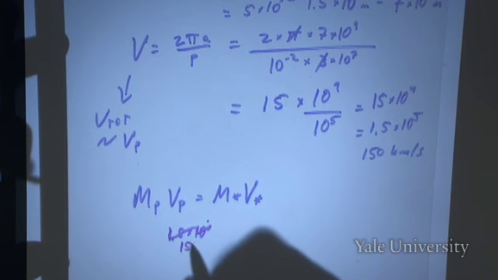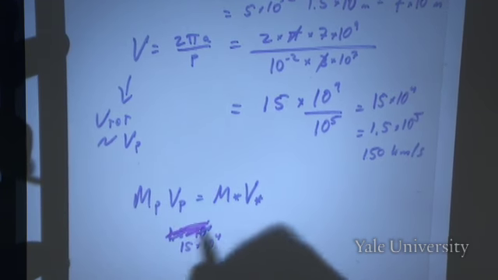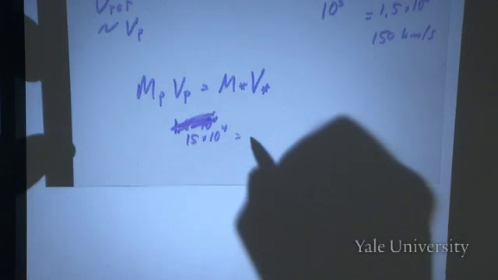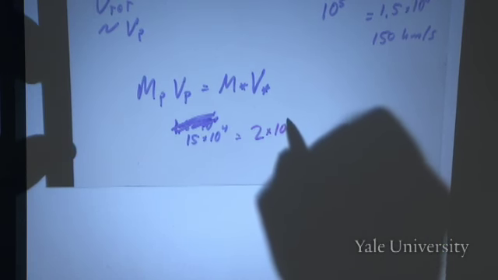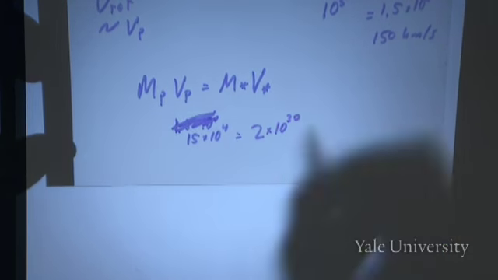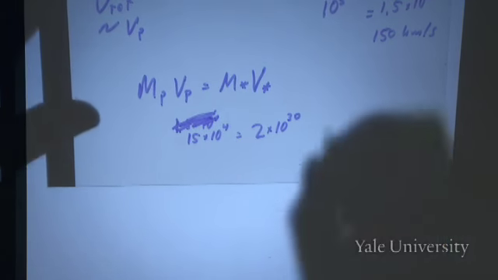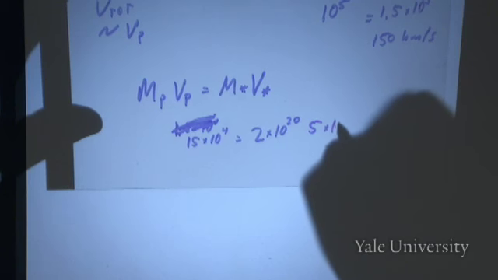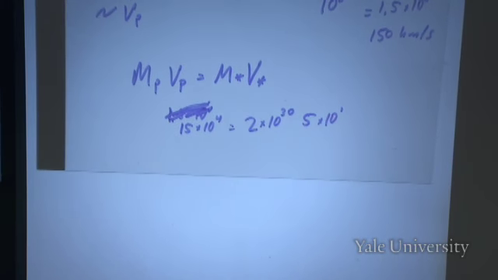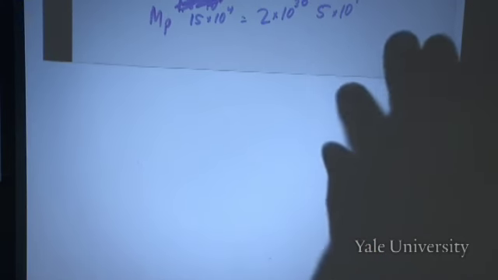Actually, let's leave it as 15 times 10 to the 4. That'll turn out to be easier for the arithmetic. The mass of the star is the same as the mass of the sun, 2 times 10 to the 30. The velocity of the star we just observed. We saw it moving back and forth. It's 50 kilometers a second, 5 times 10 to the 1.